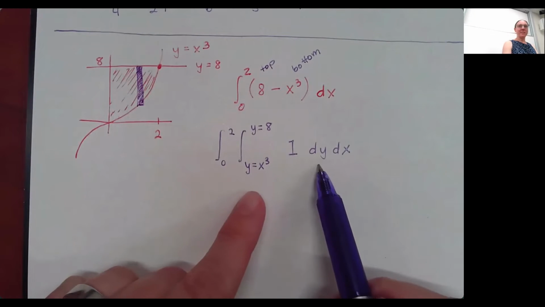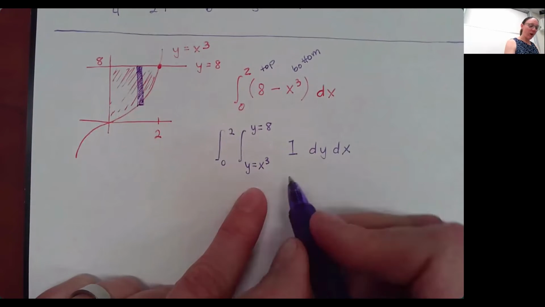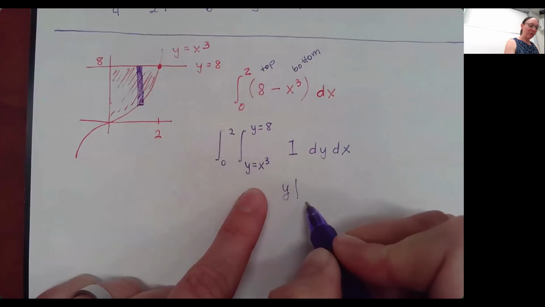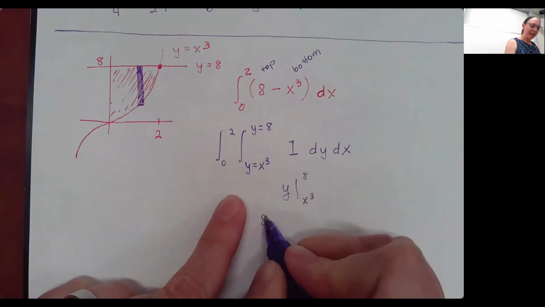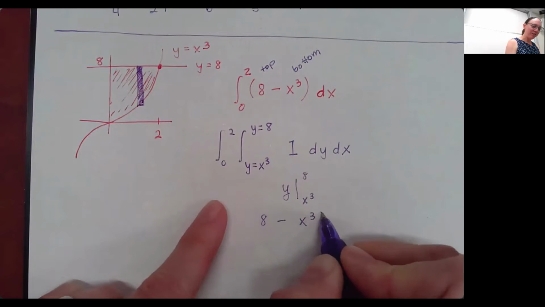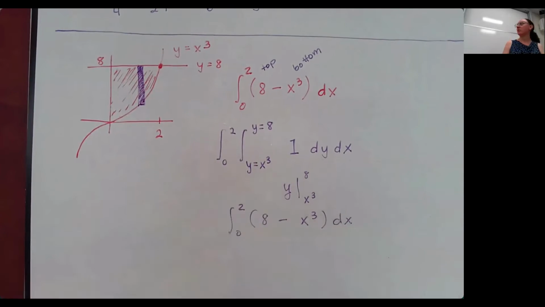That is a 1. So if I integrate 1 with respect to y, I would just get y. And then I would be plugging in an 8 minus an x cubed. And then I would be right back to the original integral that we had.